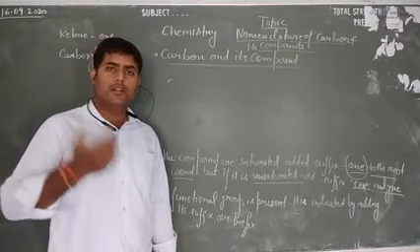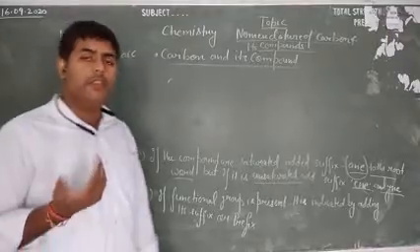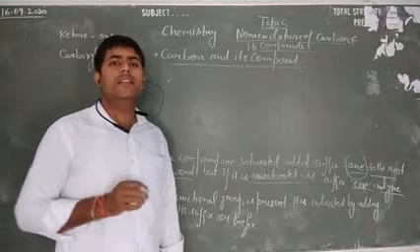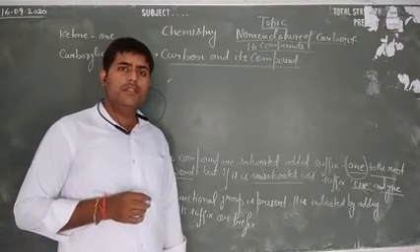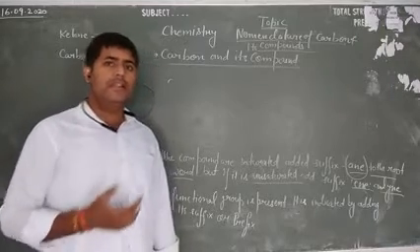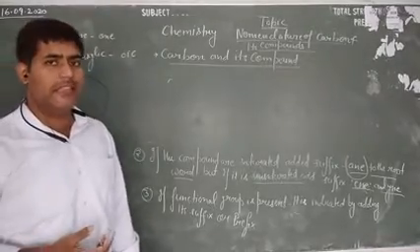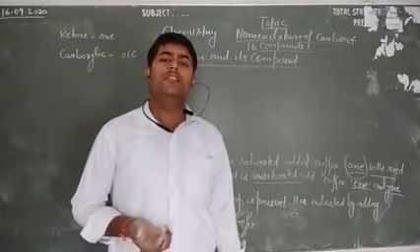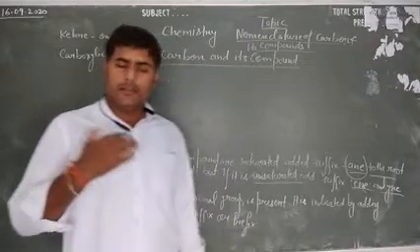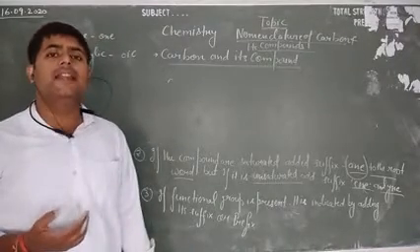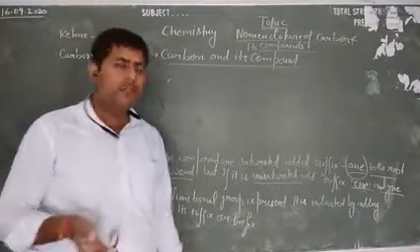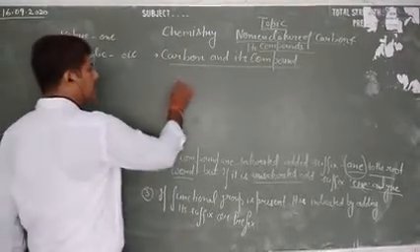Just like alcohol: when an OH group is present in a carbon compound, we give the suffix -ol. When a CHO aldehyde group is present, we give the suffix -al. When a halogen group is present, we add chloro or fluoro. When these functional groups are added to a carbon compound, they replace one or more hydrogen atoms. I am telling one example, my dear students.